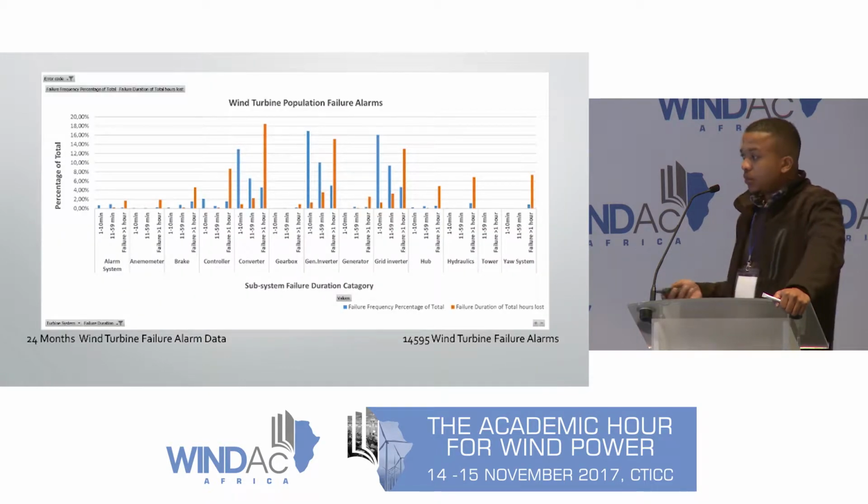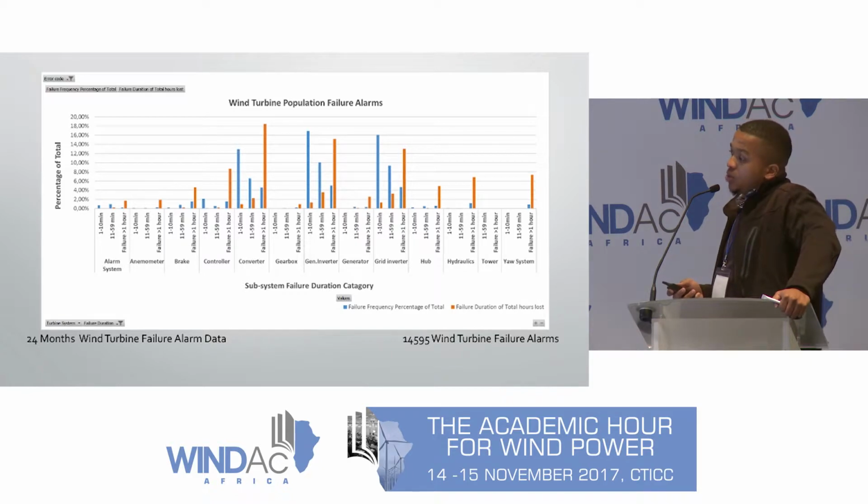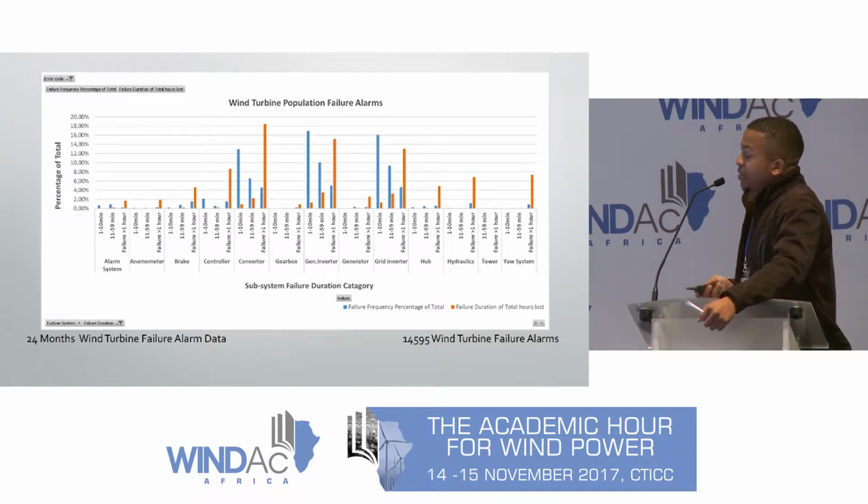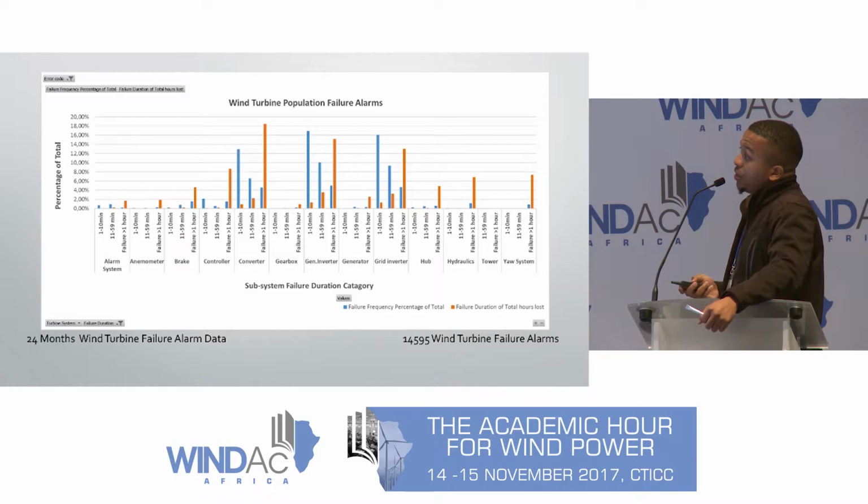So after the collection of our 24-month alarm data, these were the results that came up. A basic indication shows that these subsystems here, which are mainly your electrical subsystems, tend to experience higher failure rates, but of shorter durations.